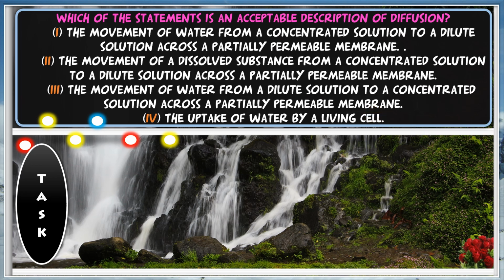The movement of dissolved substance from a concentrated solution to a dilute solution across a partially permeable membrane. 3. The movement of water from a dilute solution to a concentrated solution across a partially permeable membrane. 4. The uptake of water by a living cell.